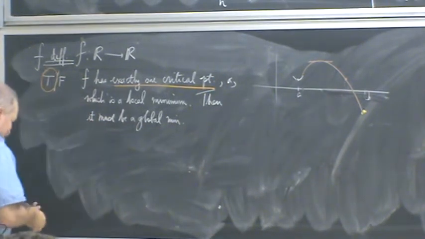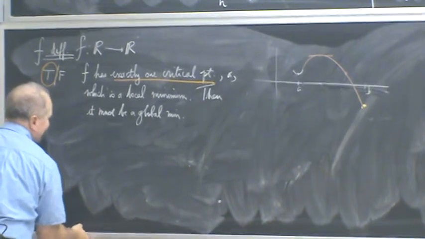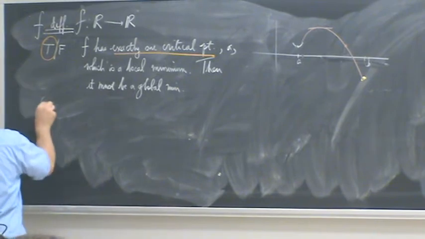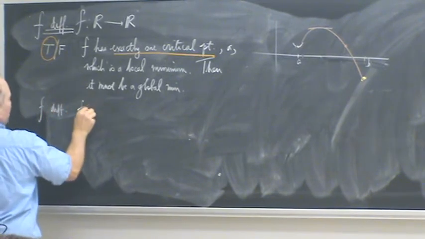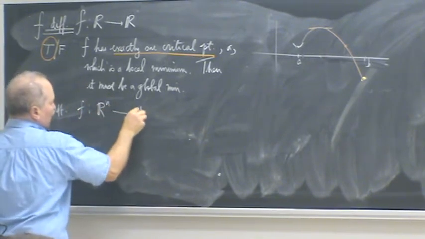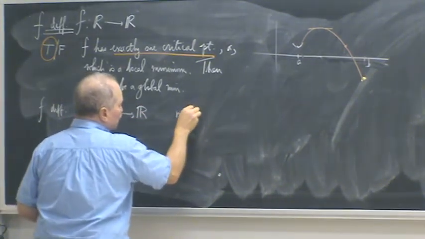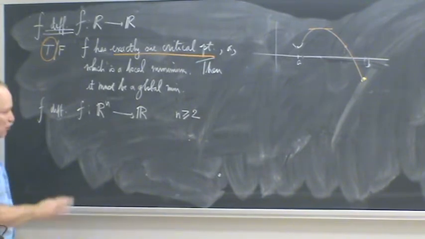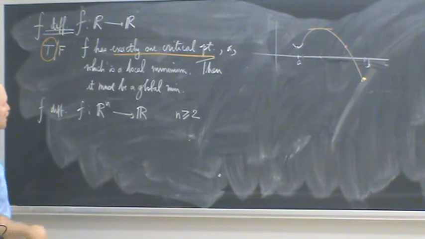Okay. You guys are acing this test so far. F differentiable everywhere. F maps R^n to R, with n bigger than or equal to 2. If Dan wants, he can make n be 4, but I doubt he wants that.